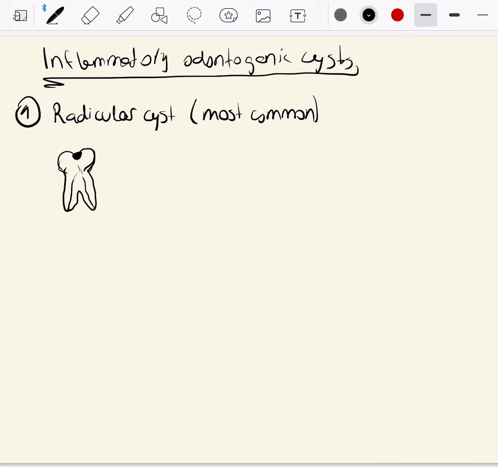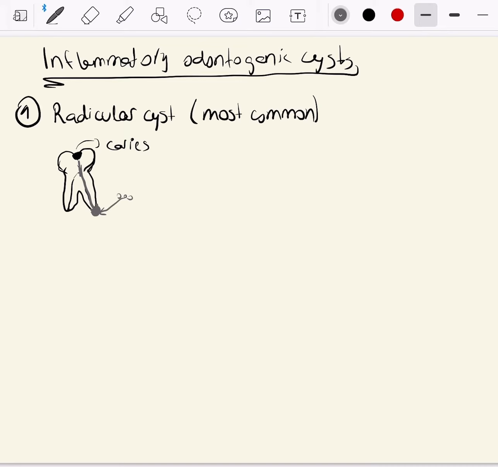The caries is left untreated, and this caries then reaches the pulp, which leads to pulpitis, then to pulpal necrosis, which then leads to periapical inflammation. And when there is inflammation, the epithelial rest of Malassez comes into this inflammation and builds a cyst.